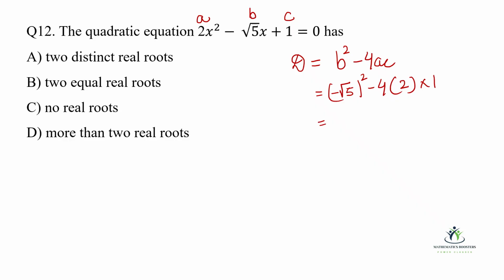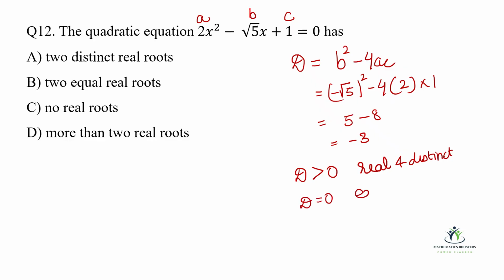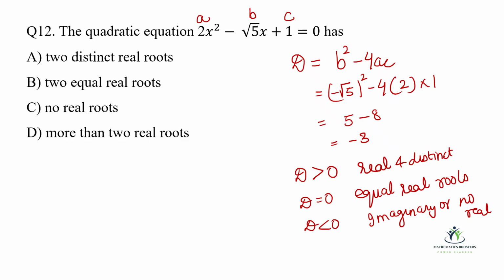Along with sign 5 minus 8, which is -3. Now if D is greater than 0, then it will be real and distinct. If D is equal to 0, equal real roots, and if D is less than 0, then imaginary or no real. So what is the answer?